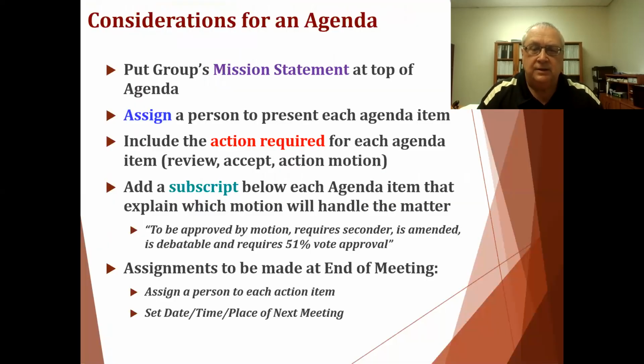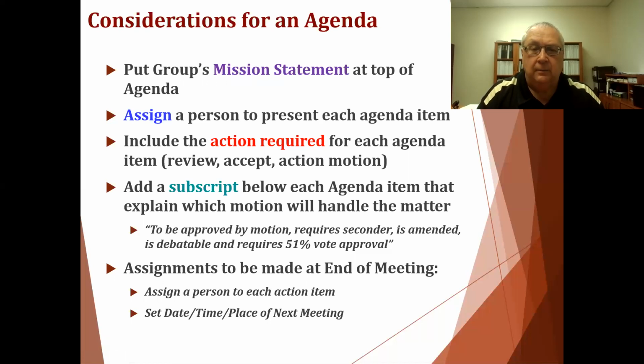Now, considerations for the agenda. It never hurts to put the mission statement of the organization at the top. We want to assign persons who are ready to speak to an agenda item. If there's action required, we clearly spell out what needs to be done.